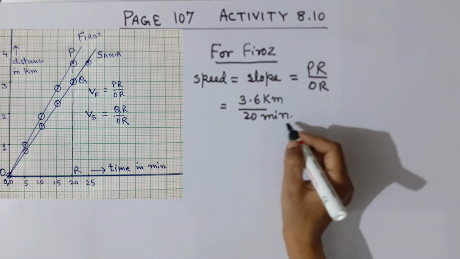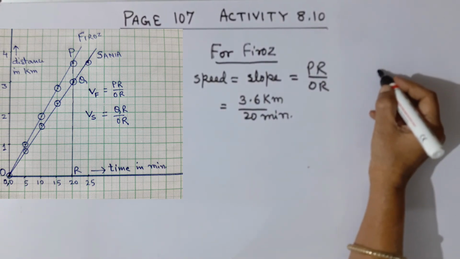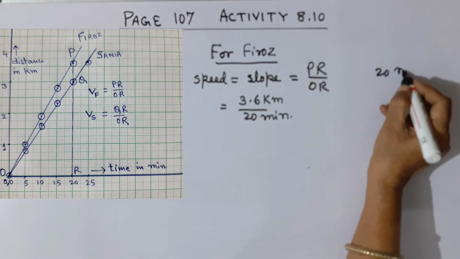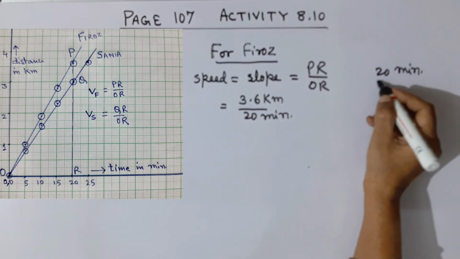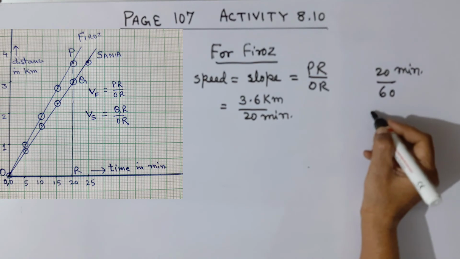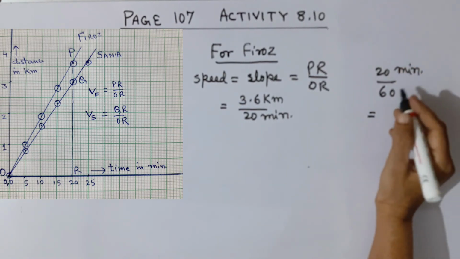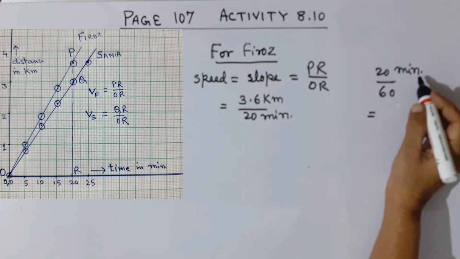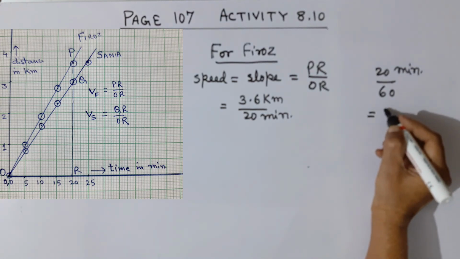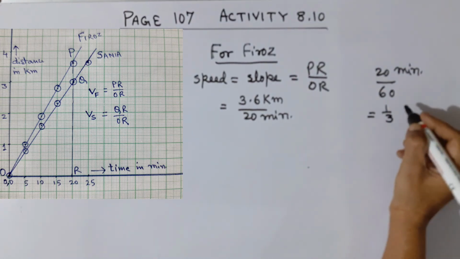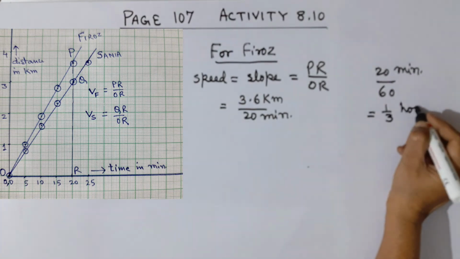Now we change this 20 minutes into hours. 20 minutes divided by 60 is equal to 1/3 hours.